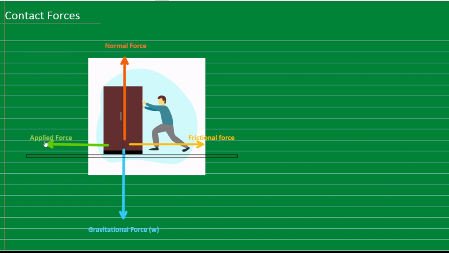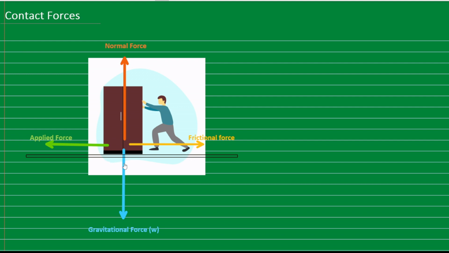We have the normal force, which is the force the surface exerts on an object, and that force is perpendicular to the surface. We have the frictional force, which opposes the motion of an object, and that force is parallel to the surface.